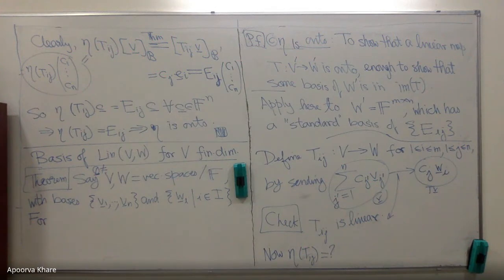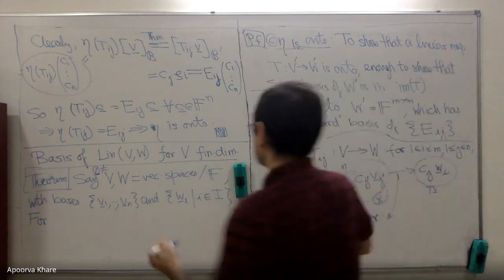The mistake I made wasn't using I. I should be using J, right? Because we just said Wj. Fine, we'll do that. So let's first of all change this.